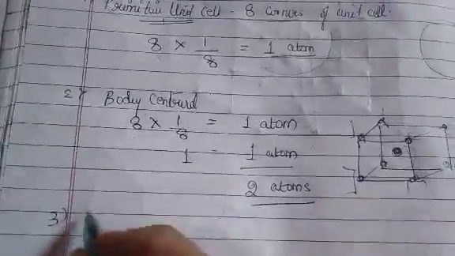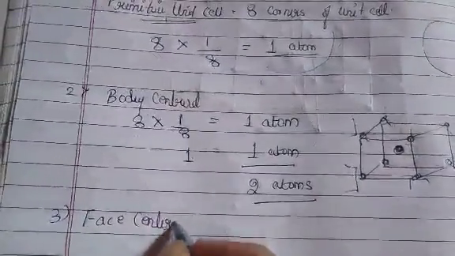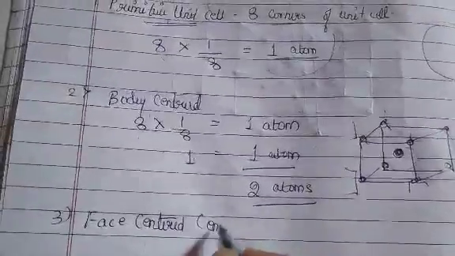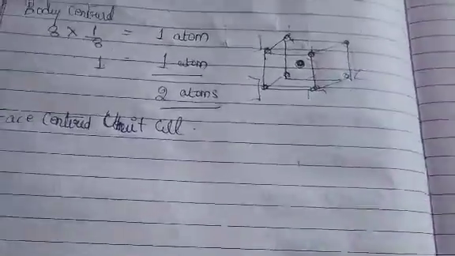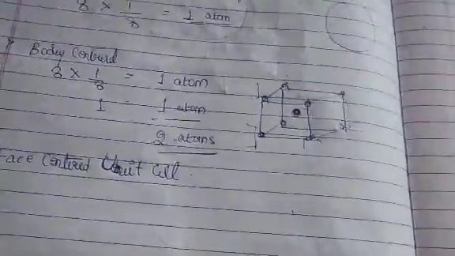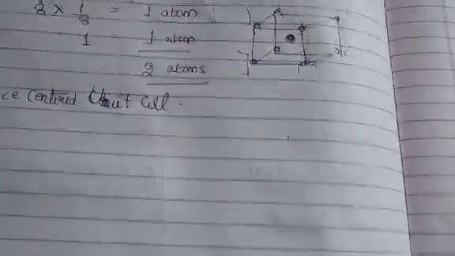Coming to your face centered unit cell. We know that in the face centered unit cell, we have atoms at the corners and also at the 6 faces of each cube.